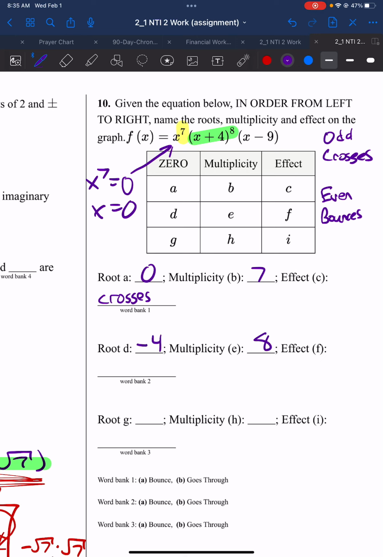My multiplicity is 8, and because the multiplicity, not the root, the multiplicity is even, 8 is even, that's going to give me bounces. And then highlighted here in pink, I've got x minus 9. And it's going to be root 9. Multiplicity is 1 because there's no exponent, and that crosses.